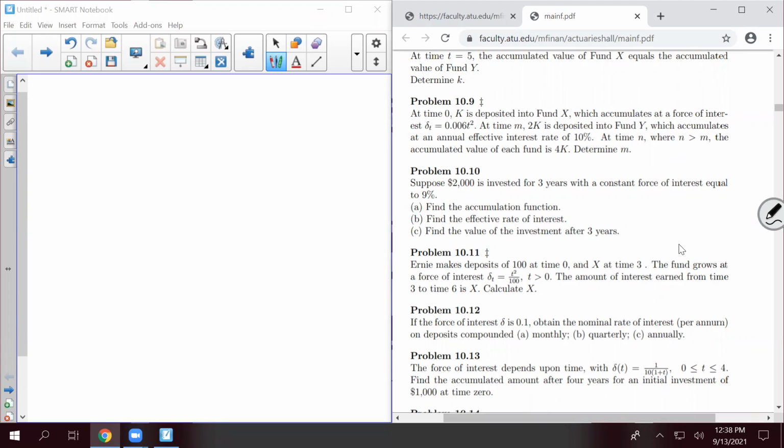So let's draw the time diagram. At time 0, we have K coming in. And at time M, we have 2K coming in.